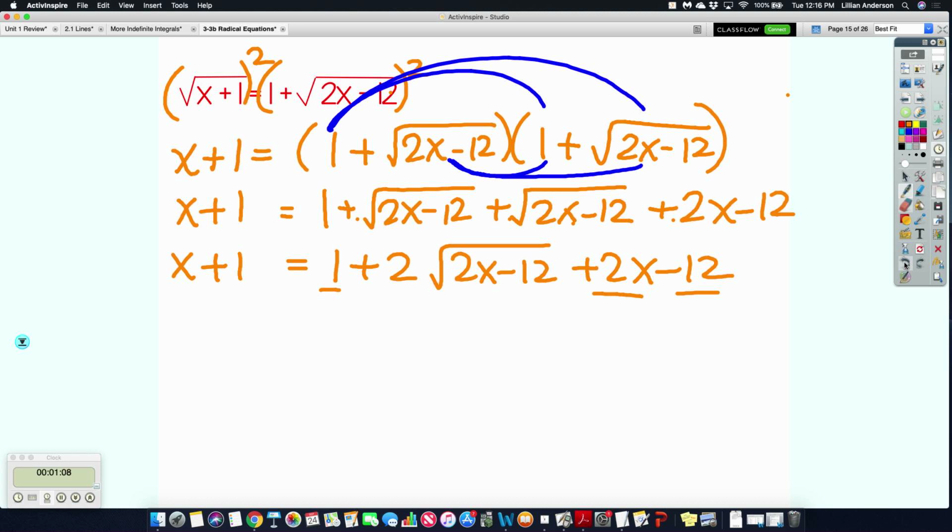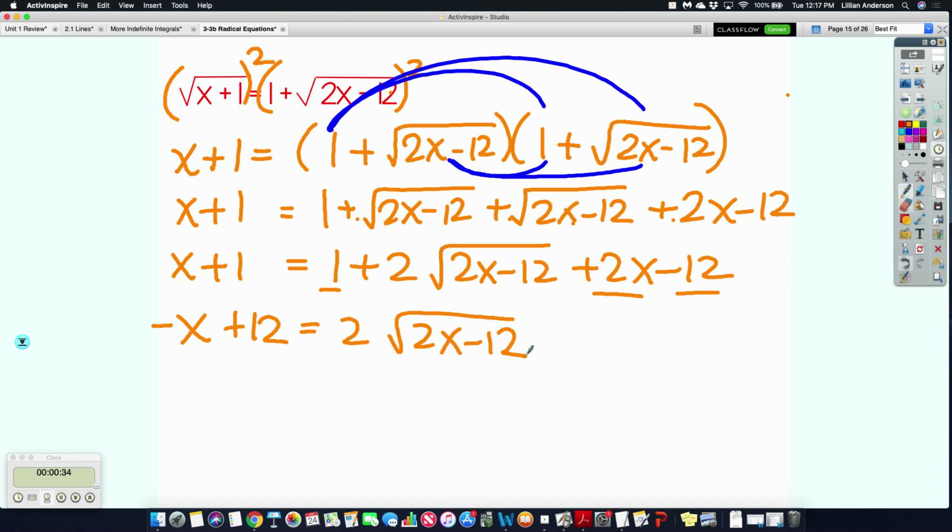But then when I add 12 over, that's going to give me a positive 12. And when I subtract over the 2x, that gives me a negative x. So if anything, you can combine like terms. That 1 and that negative 12 make negative 11. Add 11 to both sides to get 12. Subtract the 2x over to get a negative x.